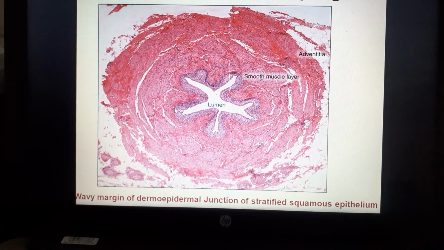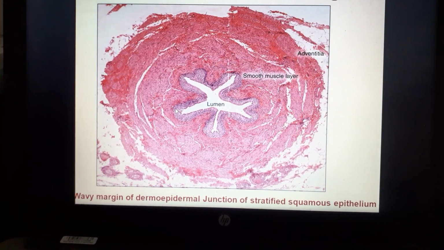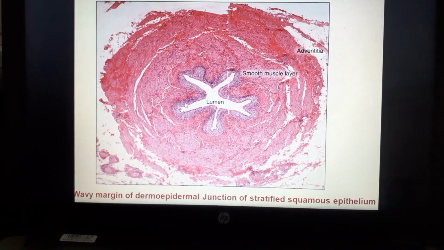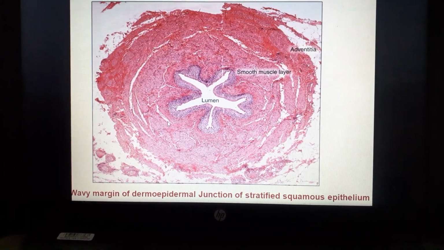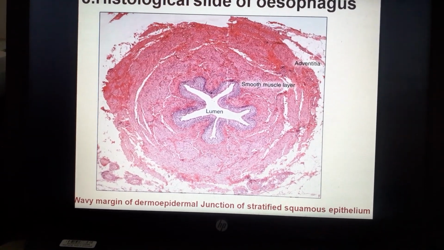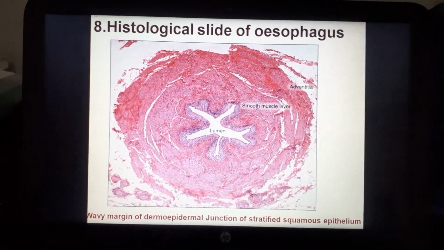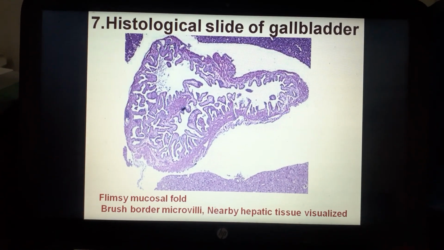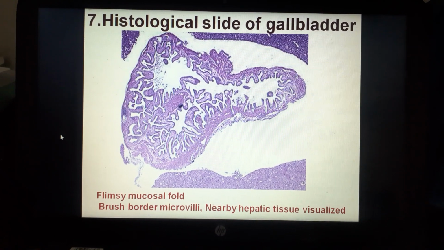Stratified means multi-layered, so it is thickened, but here is the dermoepidermal junction and it is wavy. This is the diagnostic point: the wavy margin of dermoepidermal junction of stratified squamous epithelium in esophagus.